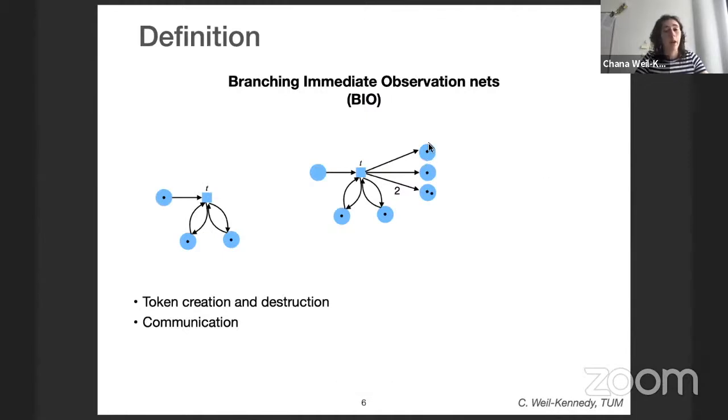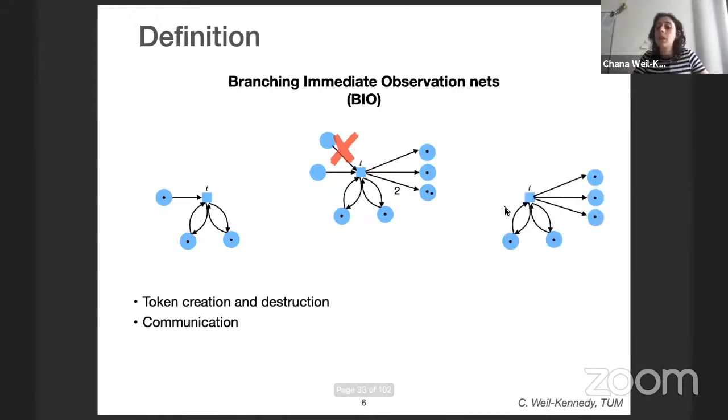It's possible to have no output places at all, as in BPP nets. It is still not possible to have multiple pure input places, but this time it is possible to have no input place at all. So this seems like a kind of messy definition with lots of possibilities, but, oh yeah, sorry, I forgot to say, you can have any number of observation places as well.